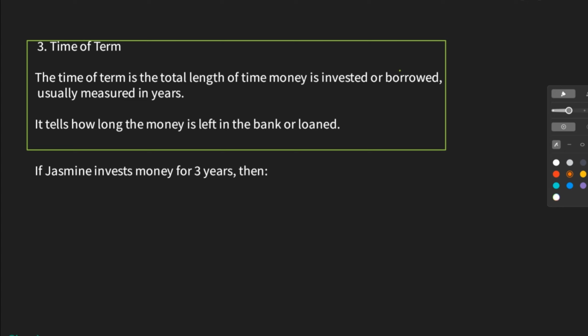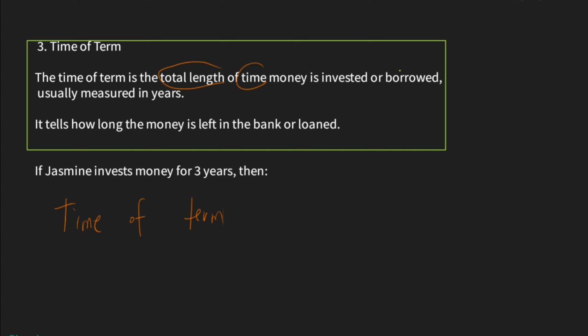When we say time of term, it is the total length of time. So the time of term in this example is 3 years.